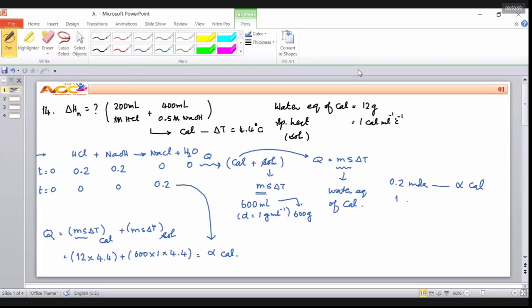No, I want 1 mole, 1 equivalent. How much? Enthalpy of neutralization is equal to alpha into 5. What is that? Beta. What is beta? Calories per mole, enthalpy of neutralization. Strong acid, strong base.